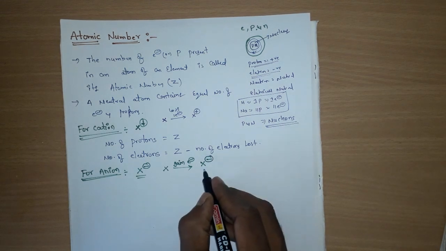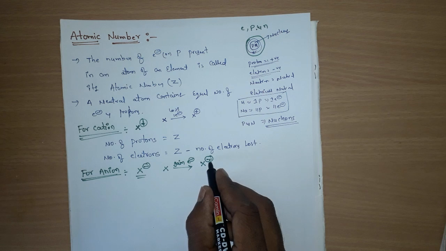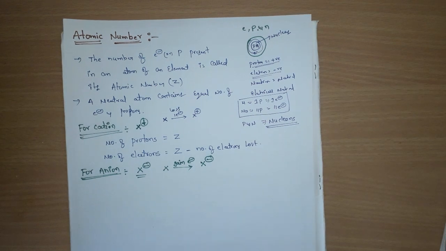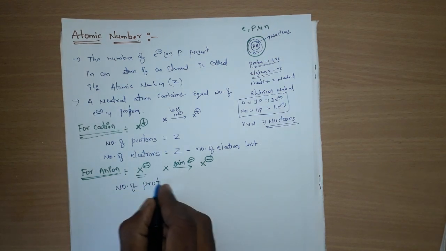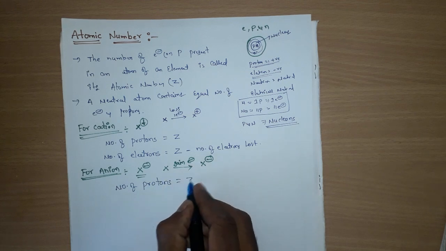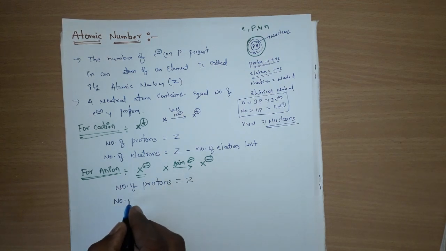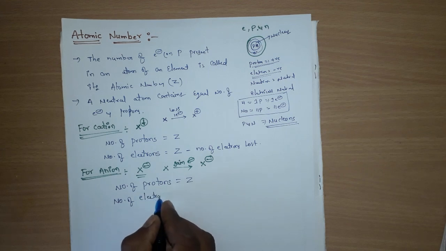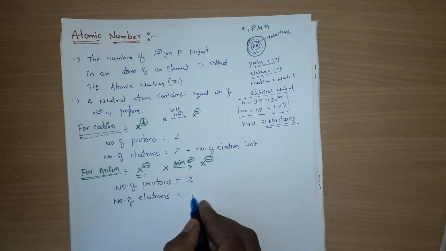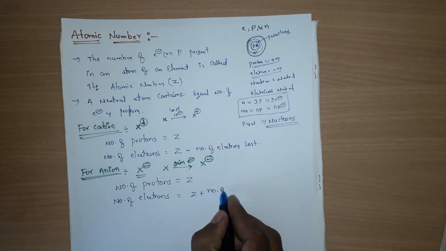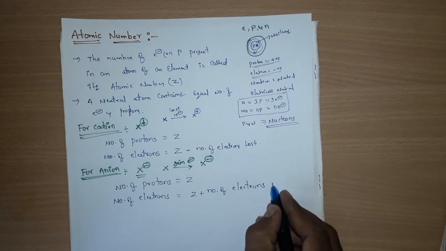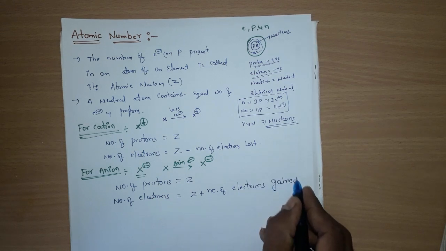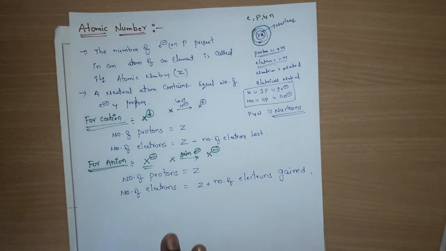Here negative means excess electron; this atom has one excess electron. So for anions, the number of protons is equal to Z, and the number of electrons is equal to Z plus the number of electrons gained. This is for anions.